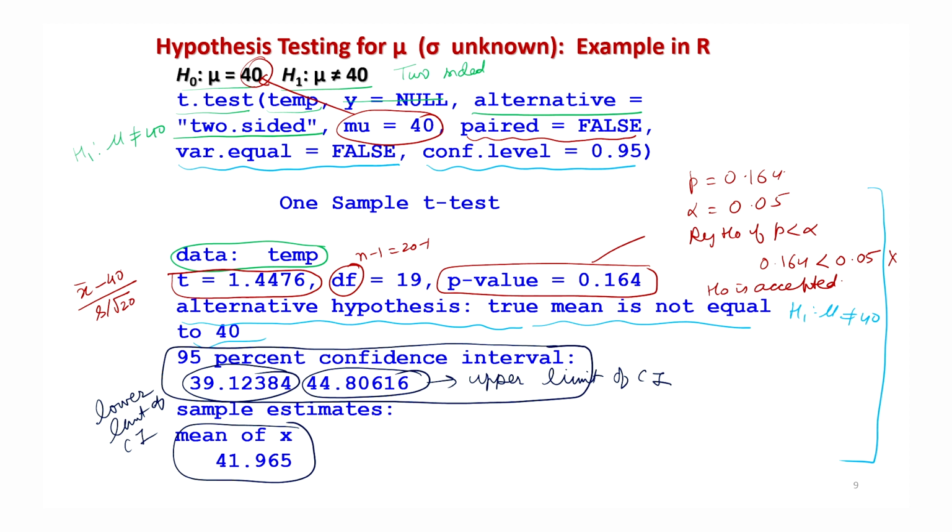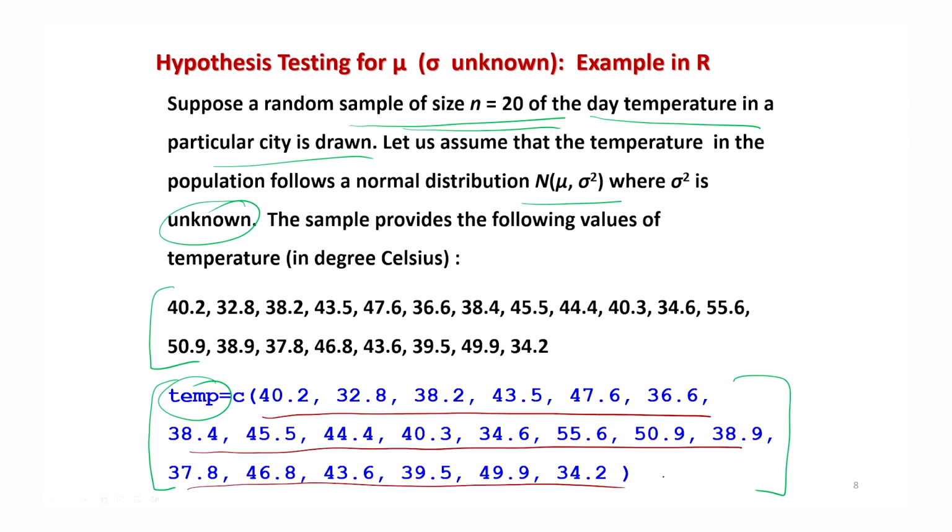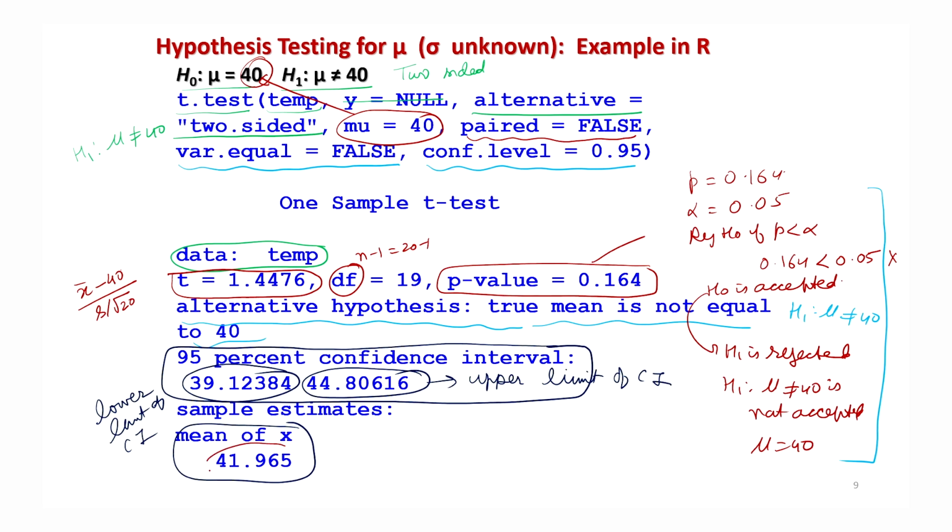right? And even if you try to understand it as H1 is rejected, so H1, mu not equal to 40, is not accepted. That means mu equal to 40 is the correct value. So whatever differences you can see in these sample values, all the values are pretty close to 40 and the average is around 41.965.